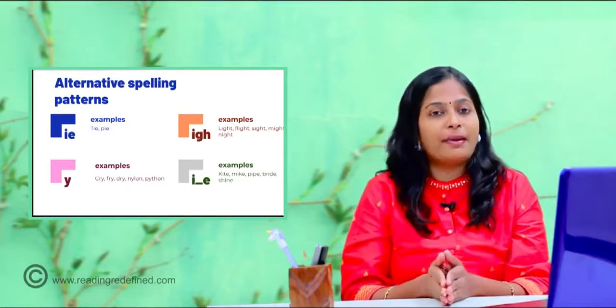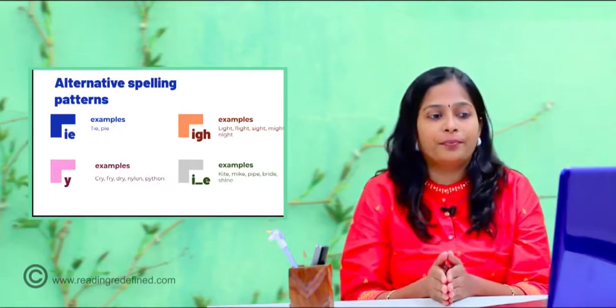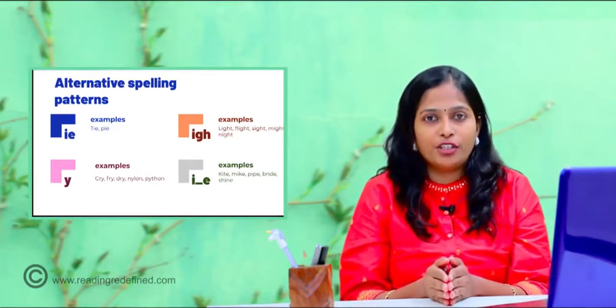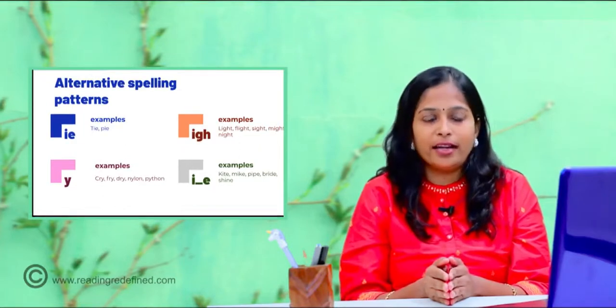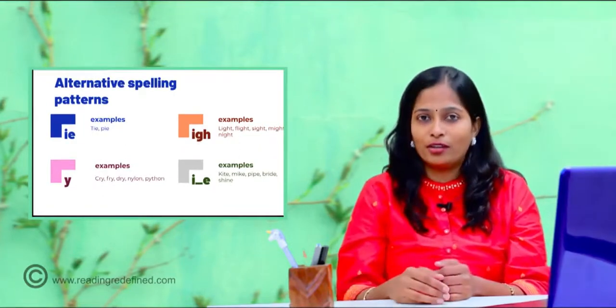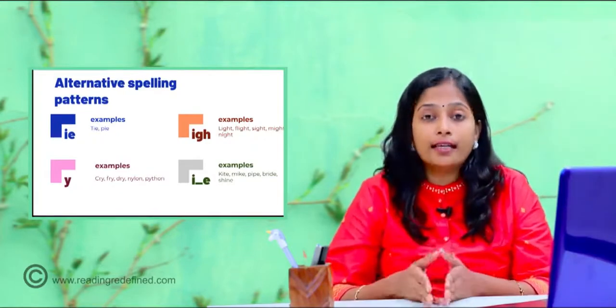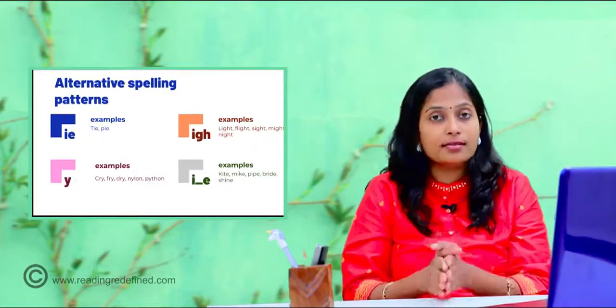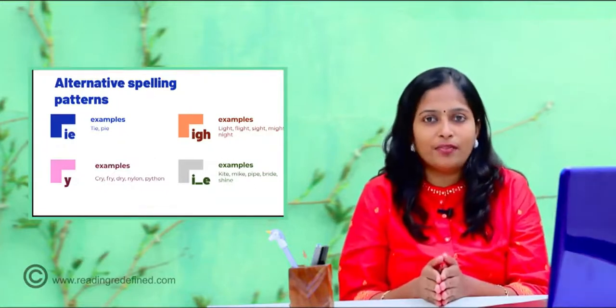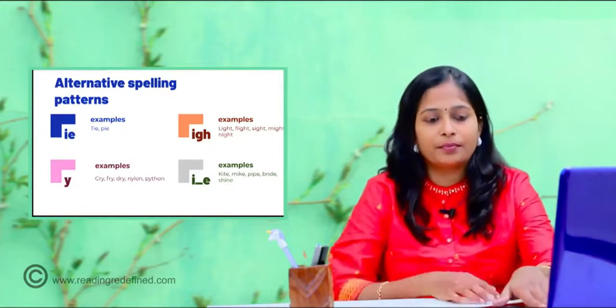And now the alternate spelling patterns for I. IE, IGH, Y takes the I sound, and IE. As we discussed already, in a single syllable word or in the first syllable, Y takes the sound of I, right? The same thing.